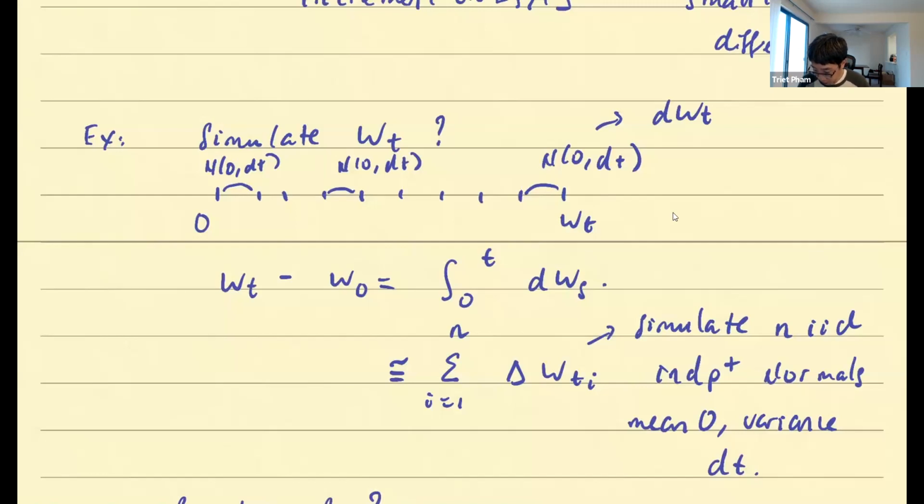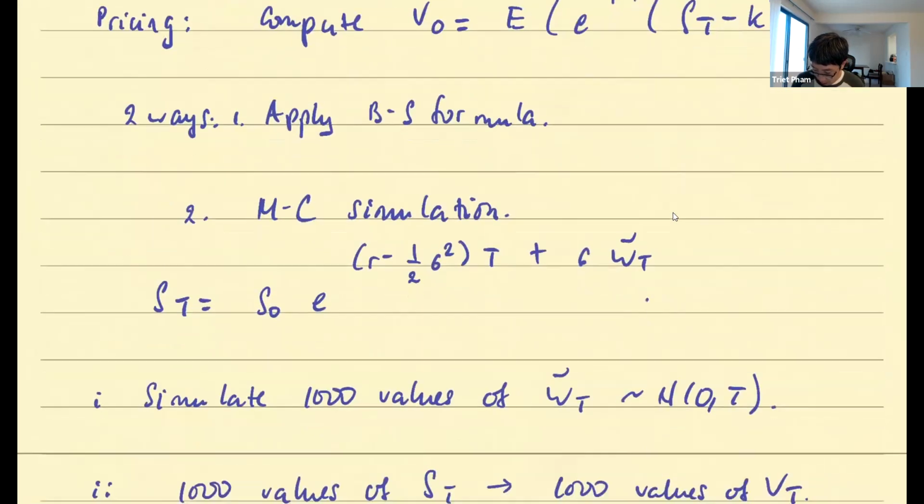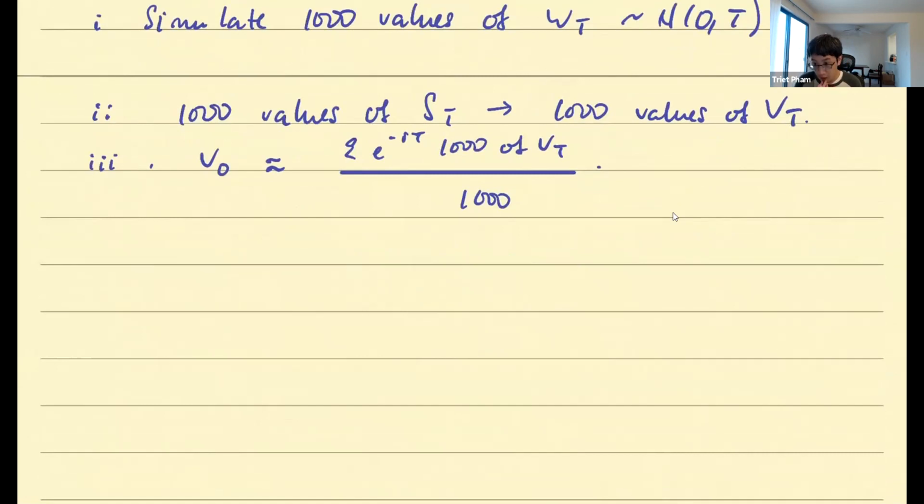So let's tackle things in order. First, let's deal with the probabilistic aspect of Brownian motion.